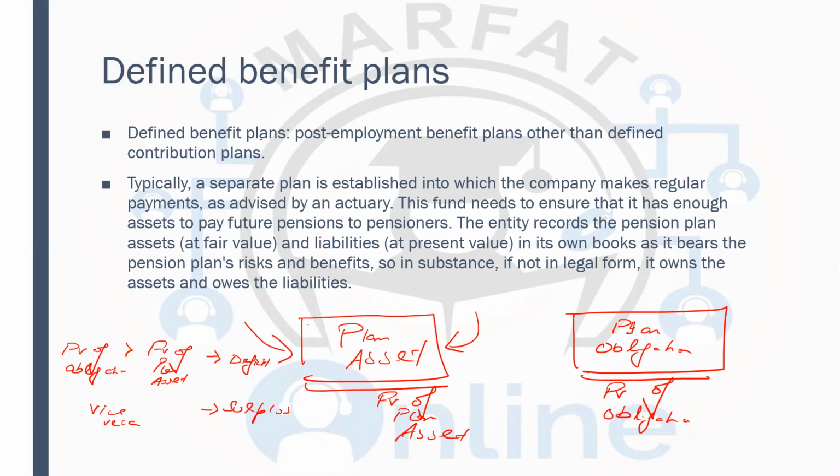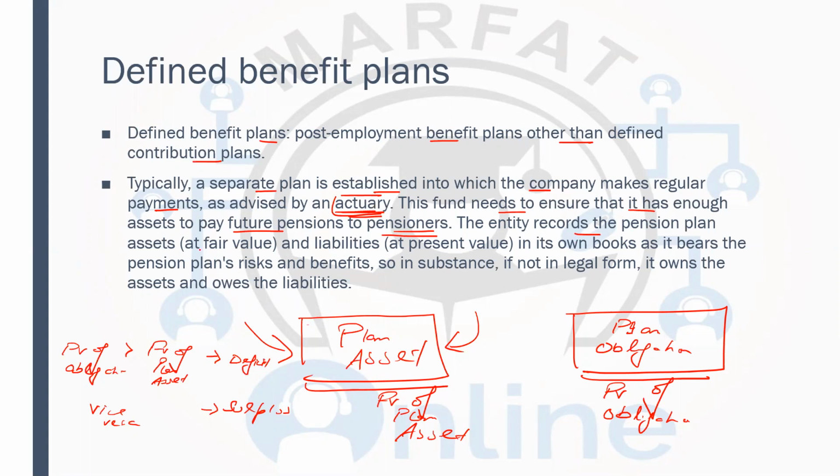So defined benefit plans, post-employment benefit plans other than defined contribution. Typically, a separate plan is established into which the company makes regular payments as advised by an actuary based on the rate of returns they will be getting. This fund needs to ensure that it has enough assets to pay future pensions to the pensioners.